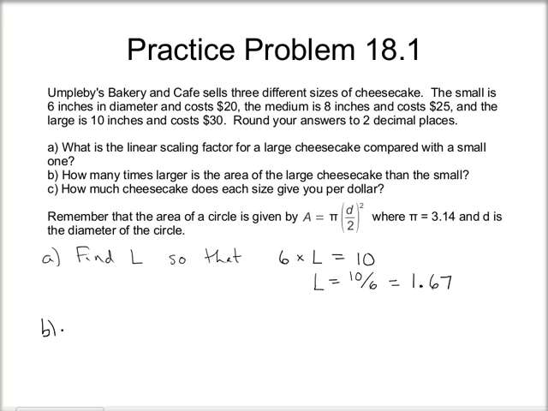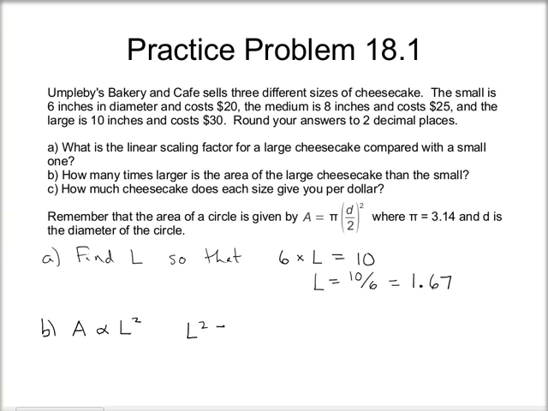For part B, I want to find out how many times larger the area of the large cheesecake is compared with the small cheesecake. Well, we know that area scales proportionally to L squared, and that L is equal to 1.67.